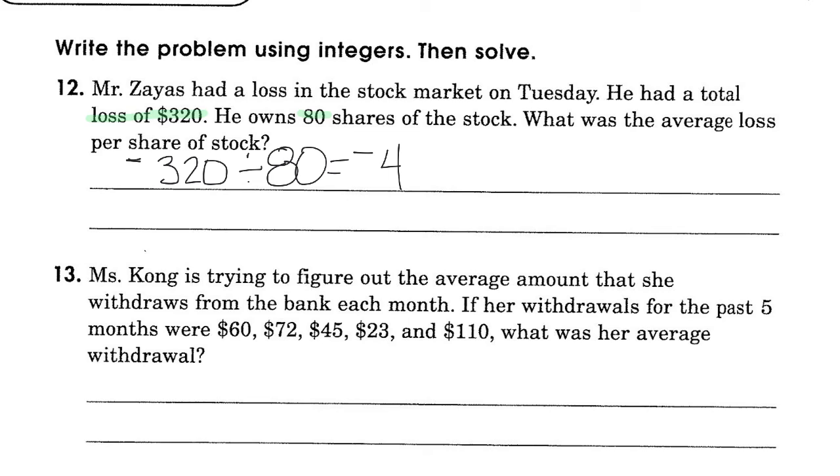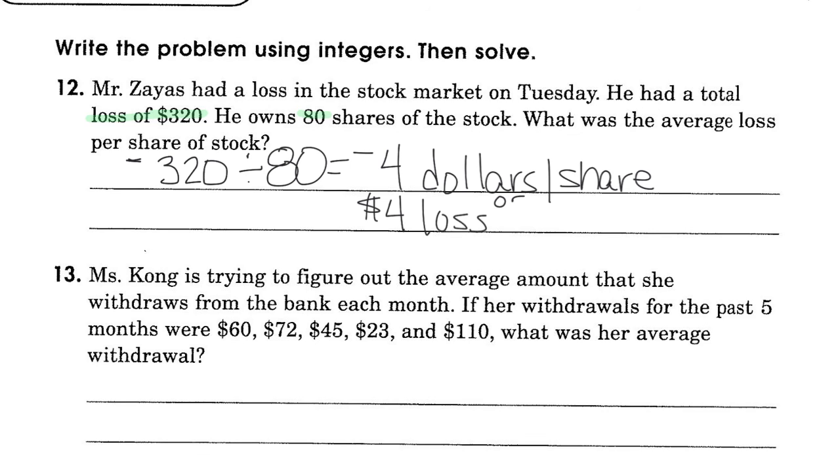Then if I have to write it, I could say dollars per share, or I could say dollars of loss. Either one of those answers would be correct in finishing that answer.